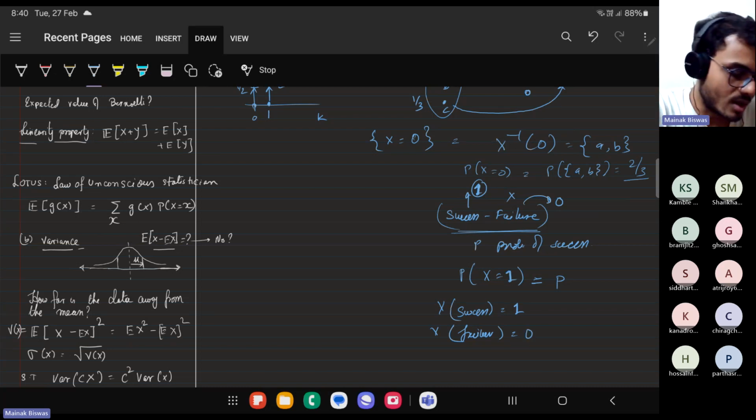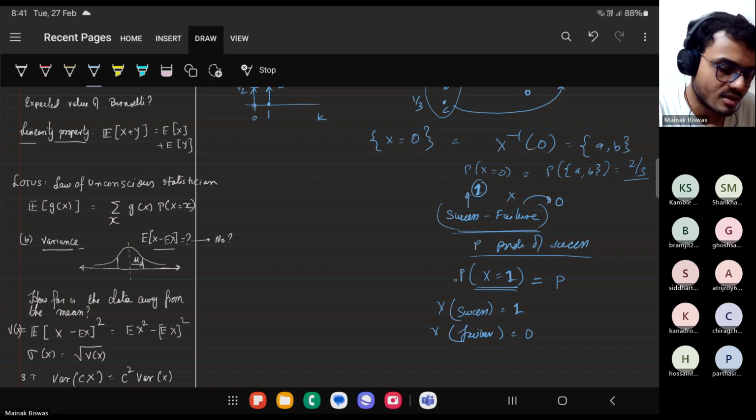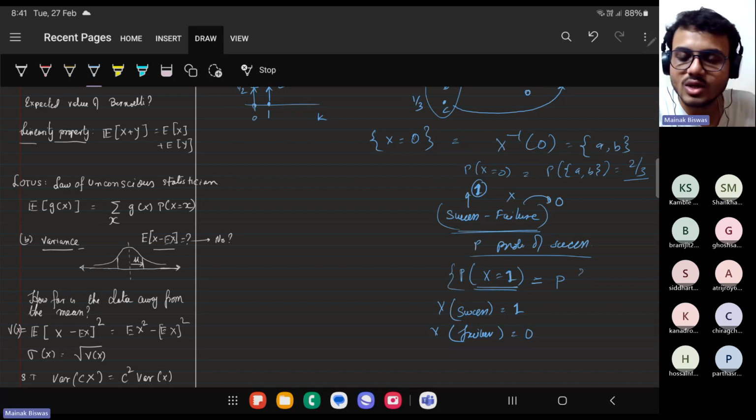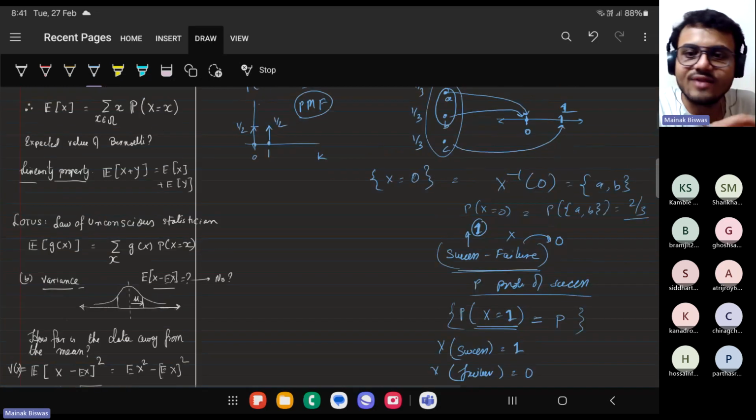I have already told you the probability of success is P. So what is the probability of x equal to 1? Yes, you have told it is P. Yeah, so it is P. x equal to 1 will also have probability P. So do you understand the difference? Instead of using success or failure, I'm using x equal to 1 now as some indicator. So x can take values 0 and 1. Do you agree?